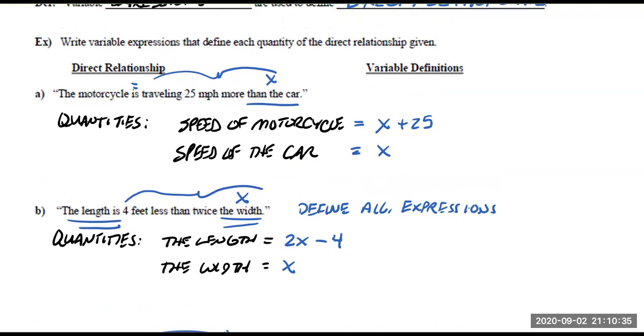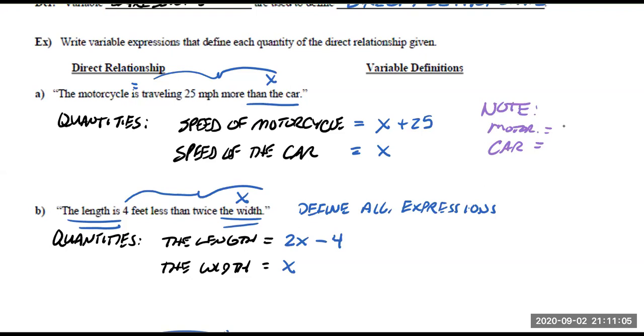couldn't we have also defined, and I'm just going to make a note, if we just need expressions that give us the correct relationship, couldn't we have defined the motorcycle and the speed of the car? We could think of the car as going slower than the motorcycle.